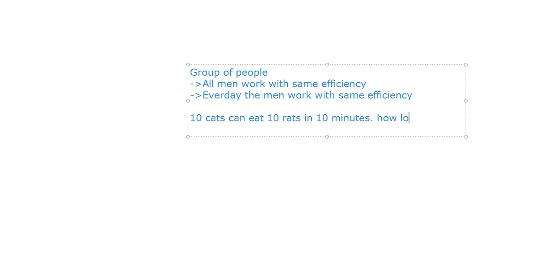How long will 5 cats take to eat 5 rats?